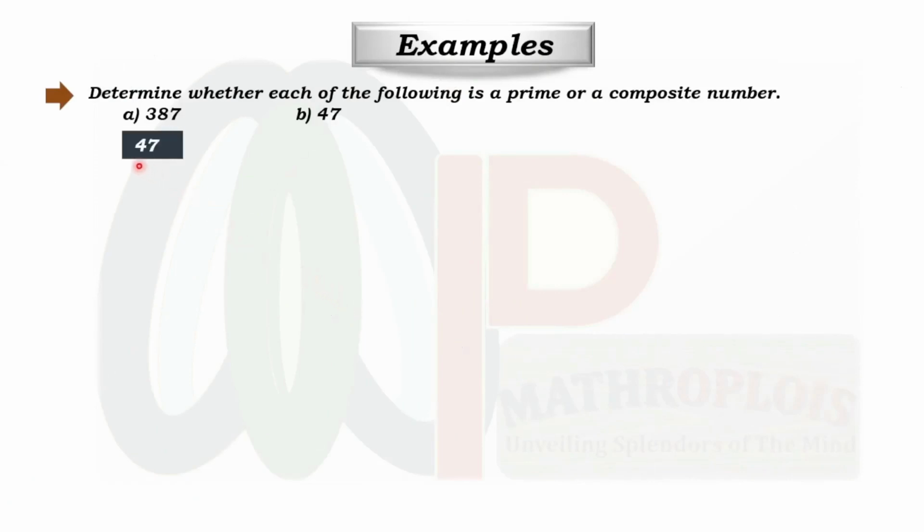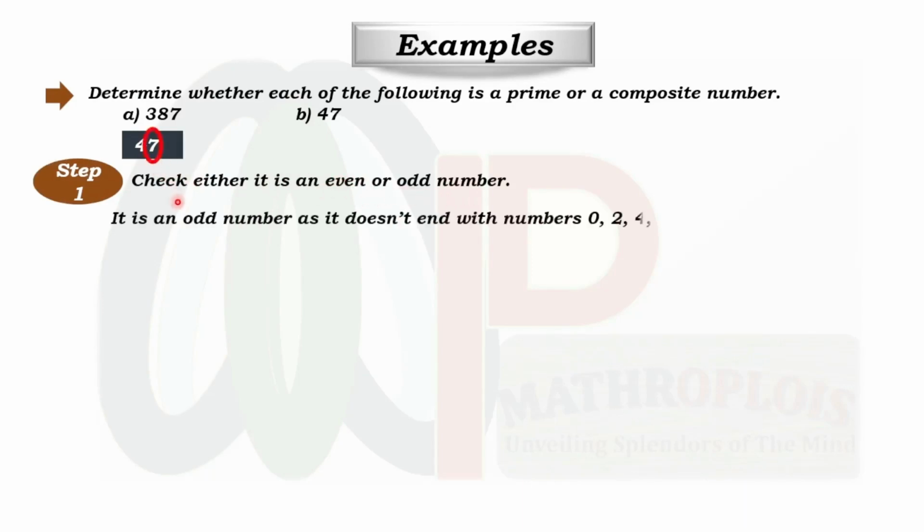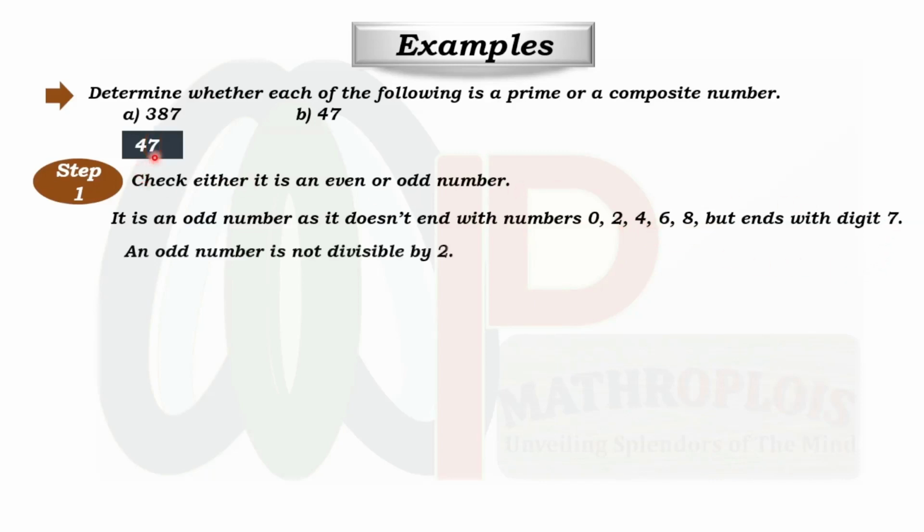Let us now determine whether 47 is a prime number or a composite number. In step 1, we will check whether 47 is an even number or an odd number. It is an odd number as it doesn't end with 0, 2, 4, 6, 8, but ends with digit 7. An odd number is not divisible by 2.